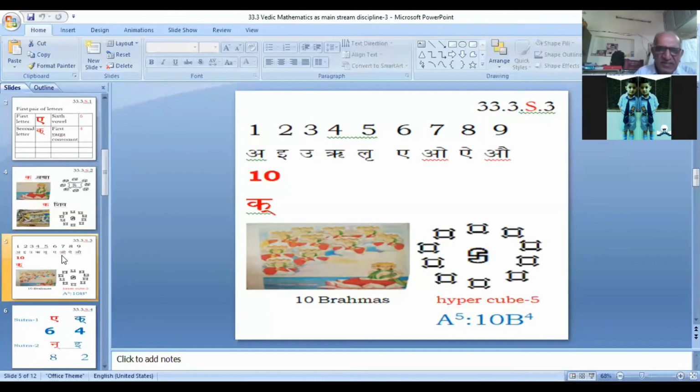It is this transition, this transformation of Brahma as 10 Brahmas in a Shivlok in 5 space, which is parallel to the placement of letter Ka at 10th placement in Devanagari alphabet.